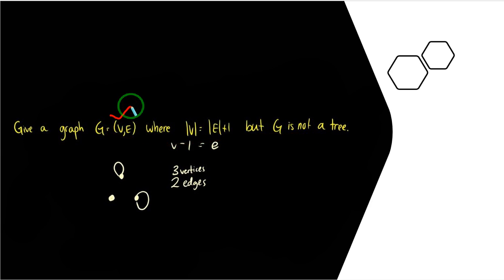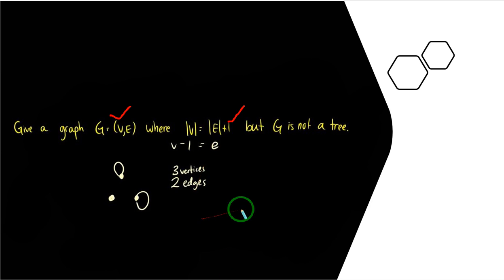So we need to show that this G is not a tree, even though this formula holds here. So how can we prove that V is equal to E plus 1, which is the formula of a tree, but at the same time the graph is not a tree? I'm telling you how we can prove this.